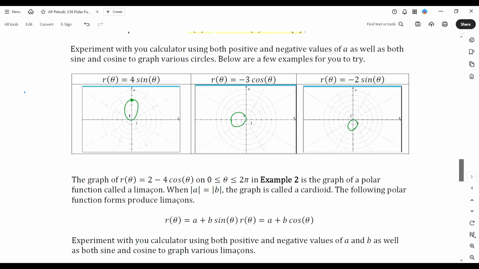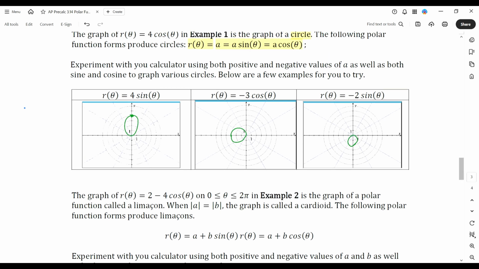In example 2, when the graph of 2 minus 4 cosine of theta, these are called limaçons, the French word for snail. Don't ask me why. That's just what they're called. Now, when the numbers are equal, they're called a cardioid.